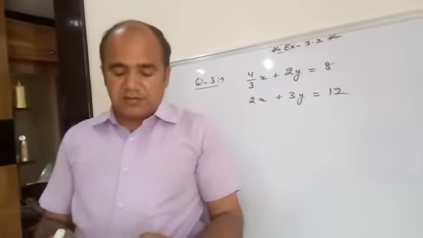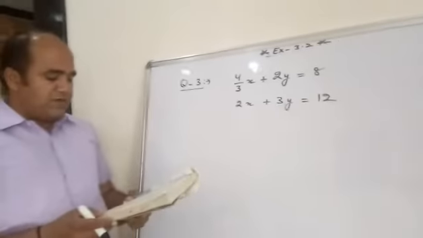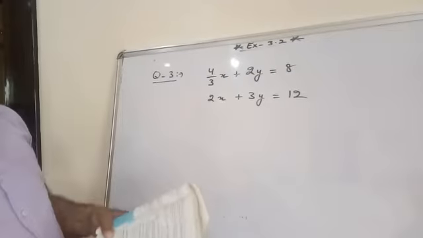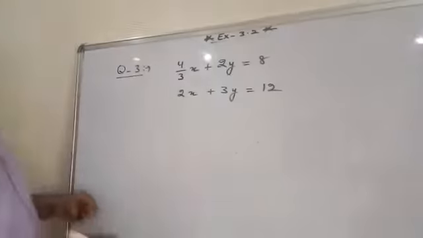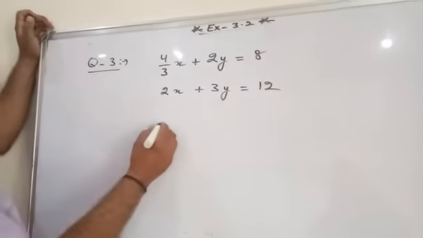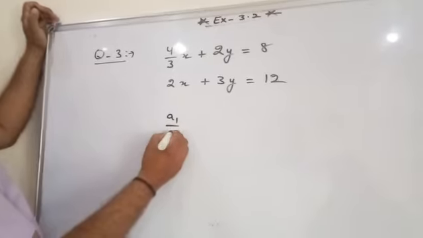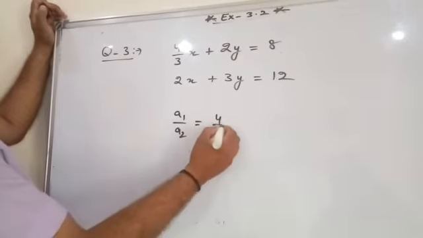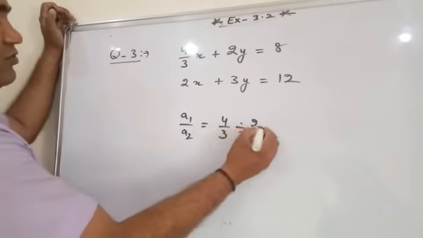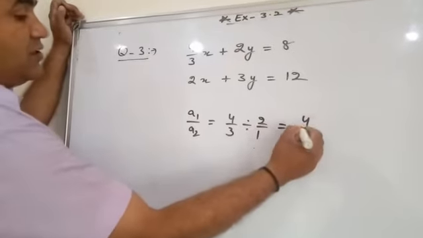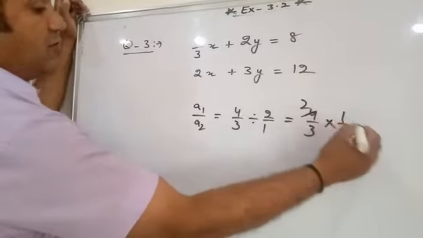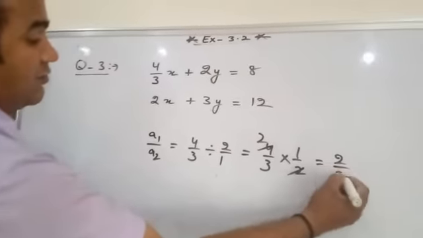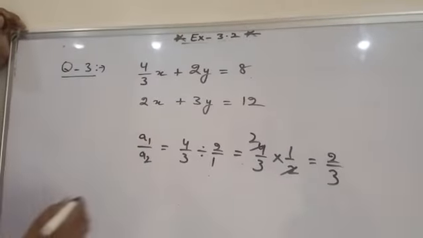Question number 3: on comparing the ratios a1 by a2, b1 by b2 and c1 by c2, they are asking consistent or inconsistent. So here a1 by a2 is 4 by 3 divided by 2 by 1, which means 4 by 3 into 1 by 2, which gives 2 by 3.